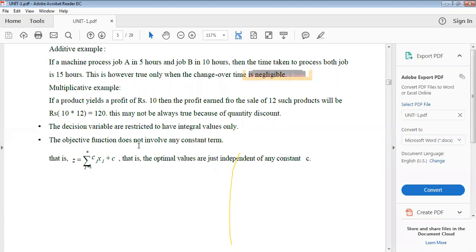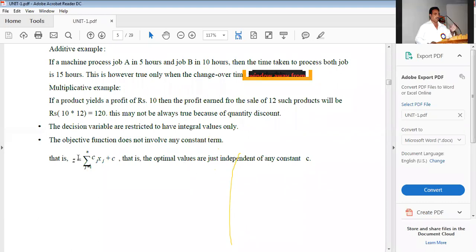The objective function does not involve any constant term. That is, z = sigma of ... plus c, where c is a constant term; the optimum values are independent of any constant c.